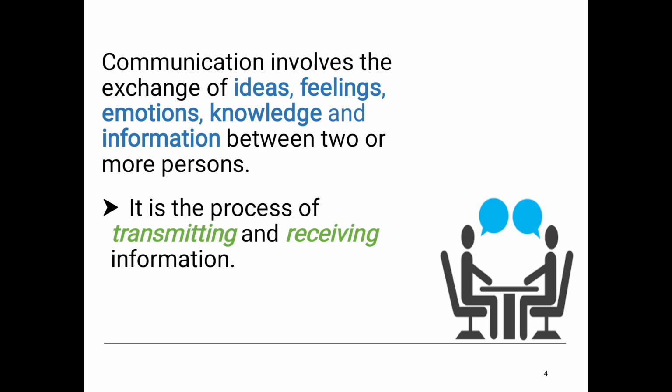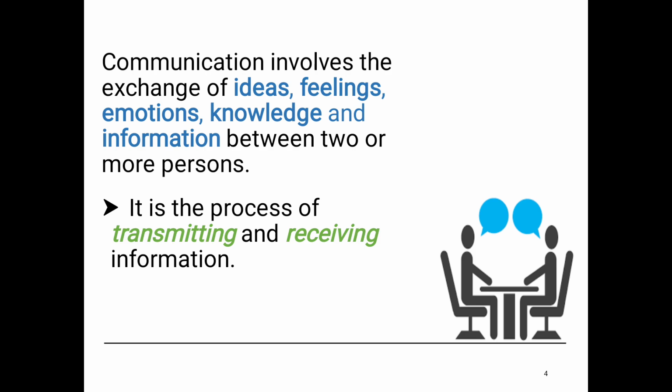There are two poles like this. In this illustration you can see two people with a shared bubble hovering over them. They are two different poles: one person is transmitting the message and the second is receiving. These two sub processes are done in the whole communication process.